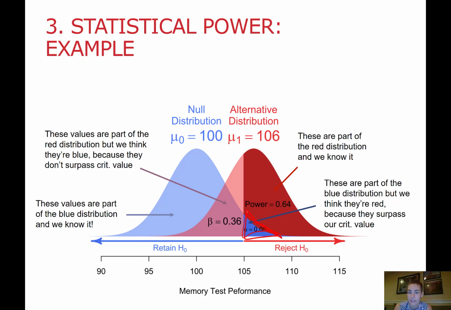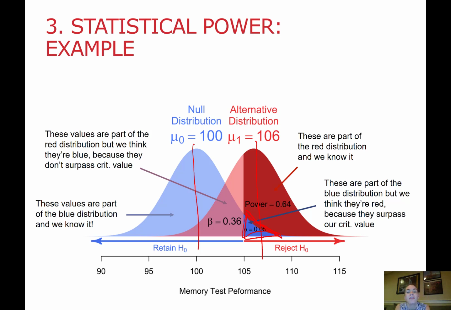Or in other words, we say this value that I observed in my study is so far away from the blue distribution mean, right? Because that's over here. That's far away from the blue distribution mean. So I think it must be part of the red distribution.